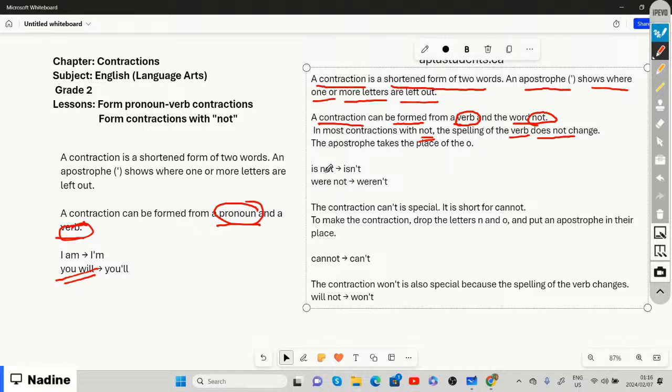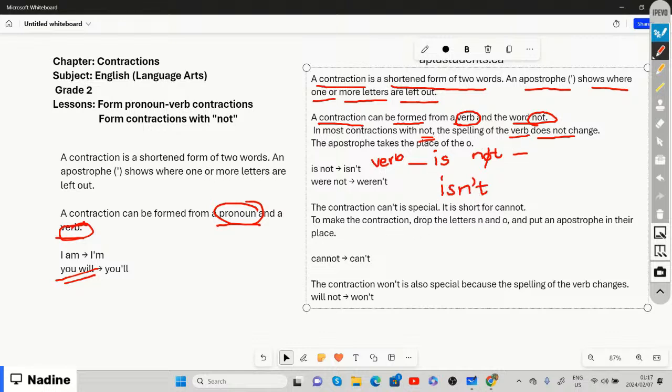For example, is not. So this is a verb and this is our word not. So we see that the verb stays the same. So we bring down our verb and we said we are removing the O. So we bring down the N, we're removing the O, and in the place of the O, we put our apostrophe and we bring down our T. So now it says isn't.